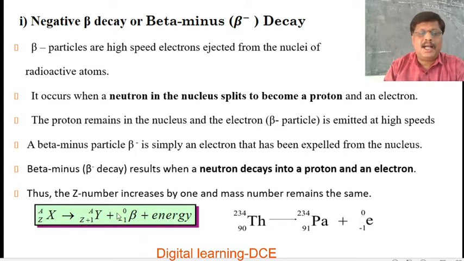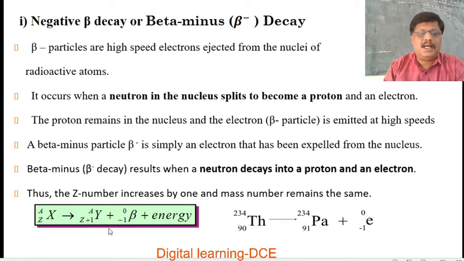Because the electron has a negative charge, it is represented by minus 1, and this charge is represented by atomic number, and since the electron mass is very small, its mass number is 0. Therefore, whenever a radioactive nucleus undergoes beta decay, atomic number Z increases by 1 and its mass number remains the same.